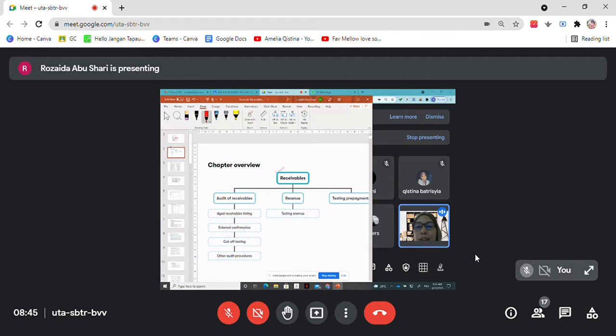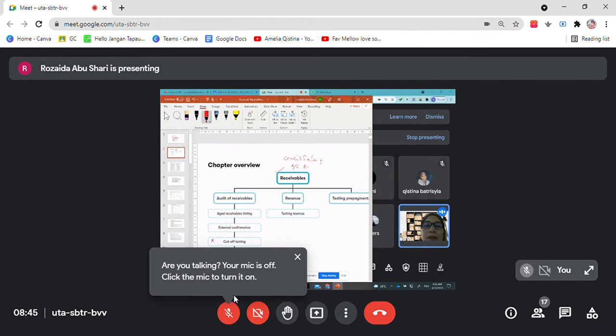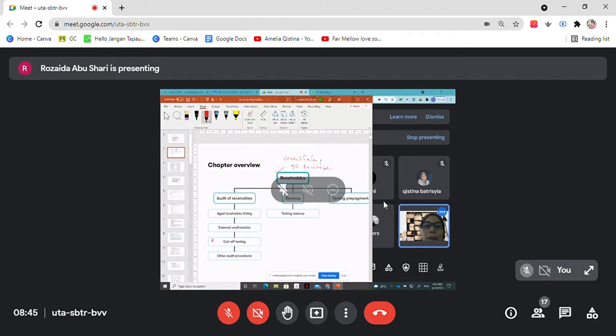We will look at the aged receivable listing, and then external confirmation, cut-off testing, and other audit procedures. This one has been done in sales cut-off, since the account receivable relates to the credit sales. So you have to focus on the credit sales together with the account receivable, and other audit procedures related to audit of receivable.